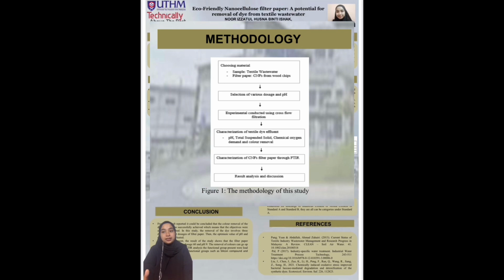After completing the experiment, we can check the characterization of the textile wastewater sample and compare the results of the final effluent and the initial wastewater sample. The parameters to be checked include pH, total suspended solids, chemical oxygen demand and also color removal.